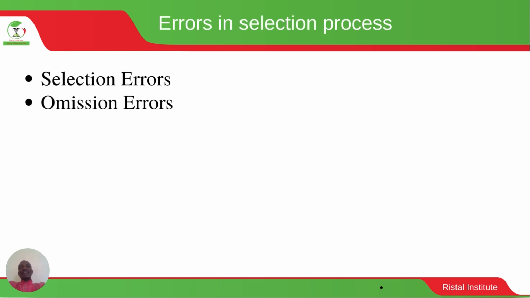Now let us look at the errors in the selection process. Everything has got what? Errors. Error number one is the selection error. Selection errors happen when the HR department or the recruitment team decides to hire the wrong person.